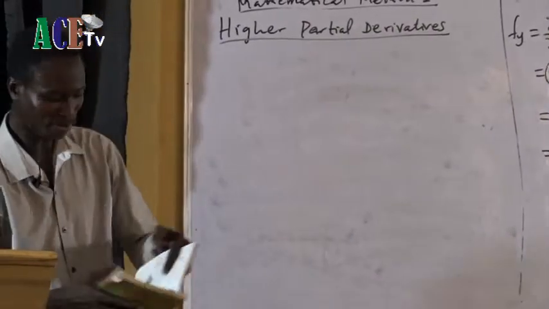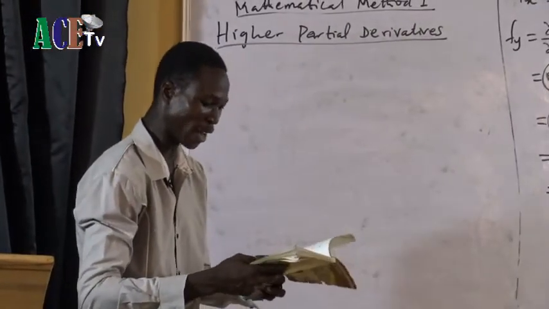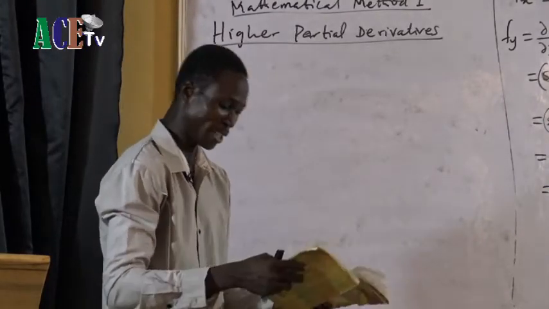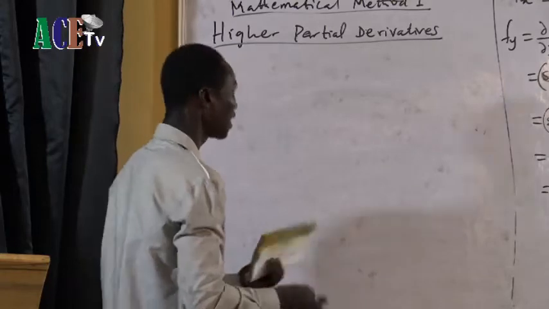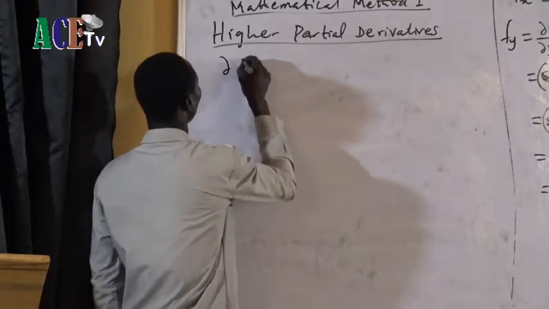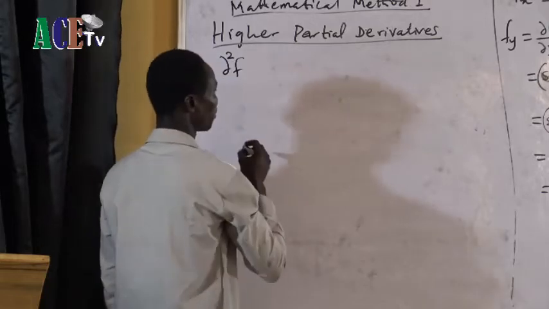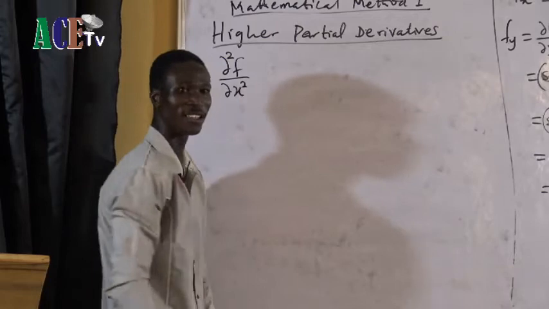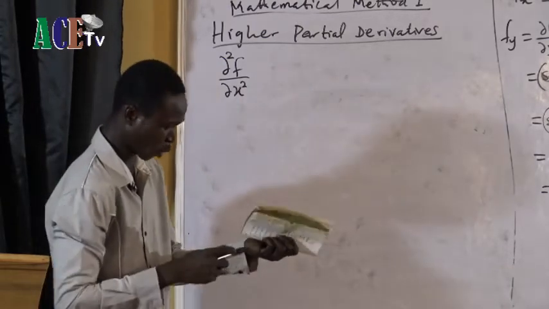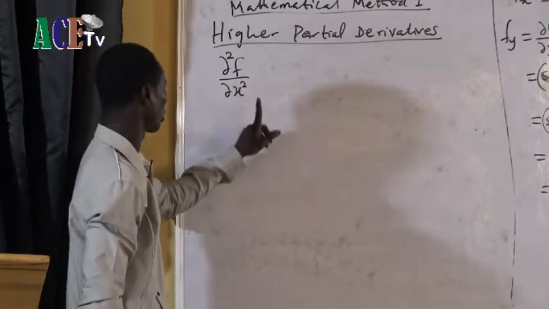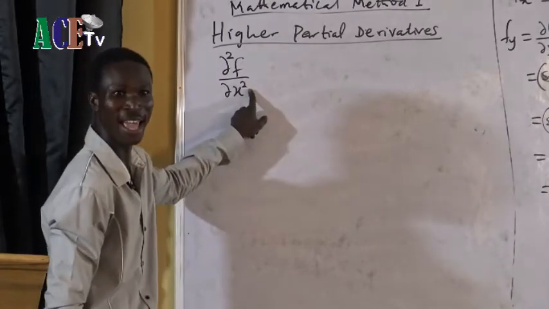If I have the square f over the x square, the meaning of this is that I want to differentiate this function twice, both with respect to x.